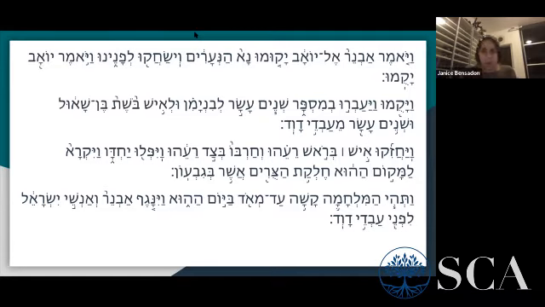So Avner and Yoav are sitting there with their respective armies, and it was looked at as an act of war. Avner tells Yoav, let's pick some na'arim, some young soldiers, and let them sachakul fanenu, meaning let them fight in front of us. It seems a little odd, like, was this just for their pleasure?